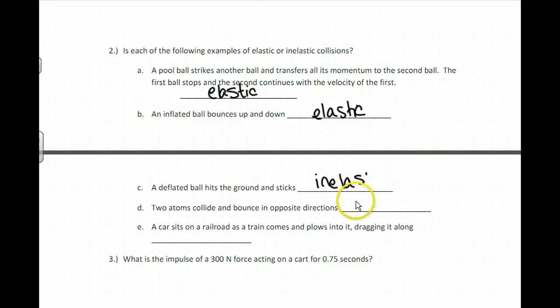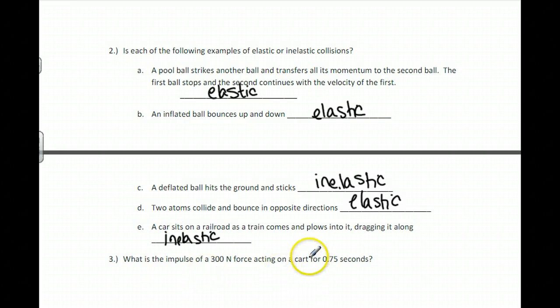Two atoms collide and bounce in opposite directions. That's exactly the same as the pool balls, so that is elastic. A car sits on a railroad as a train comes and plows into it, dragging it along. That is going to be inelastic.